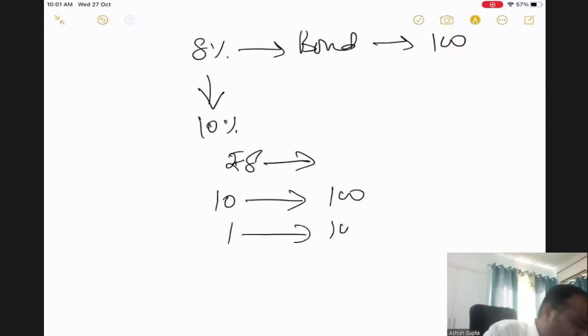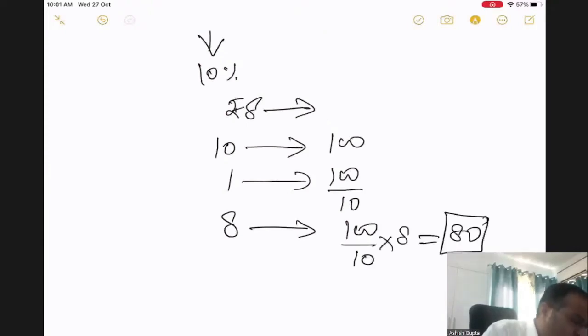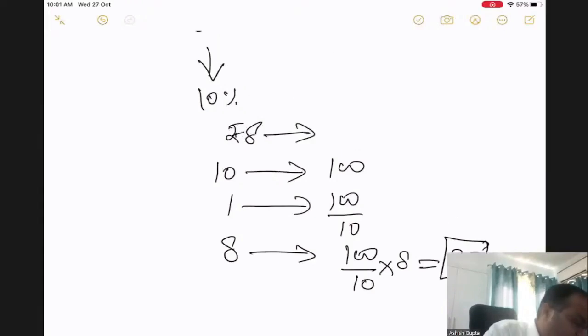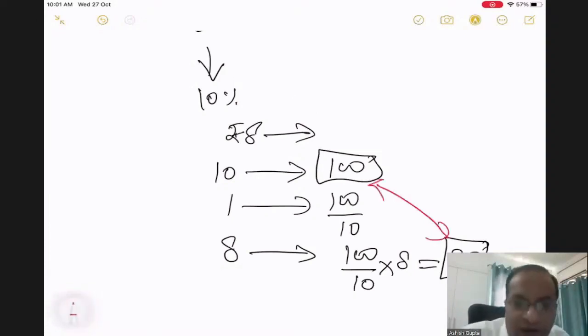For 8 rupees, how much money is justified? 80 rupees. So the value of my bond has decreased from 100 to 80. This value depletion is also called the interest rate risk. I hope this is clear to you.